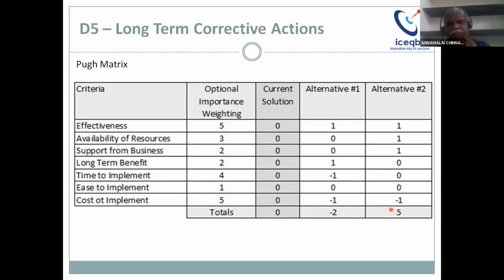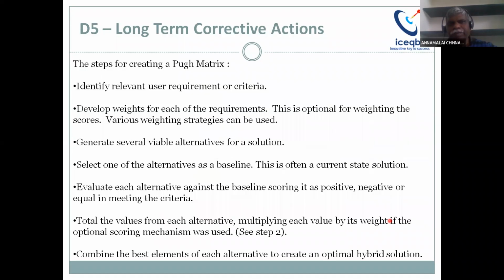Then in that case, I can go for that. If I have 5 or 6 alternative solutions, I get the net scoring for each of them, and whichever gets the best score, I will take as the solution. So a Pugh matrix will help you to identify the best possible solution among the different alternatives.